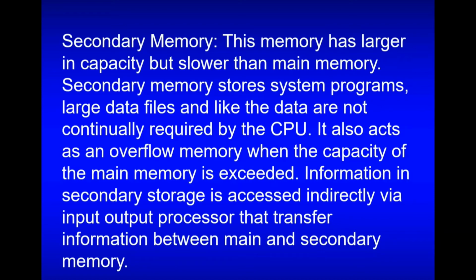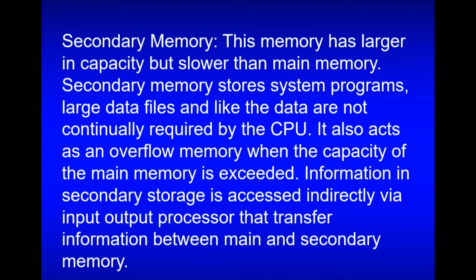There is one more very important point which has been mentioned: secondary memory stores system programs and large data files, and such data are not continually required by the CPU. As I told you, it is data which is not required by the CPU at that particular time but can be retrieved later. For example, if you want to store a movie, you are not going to store it in your laptop's RAM.